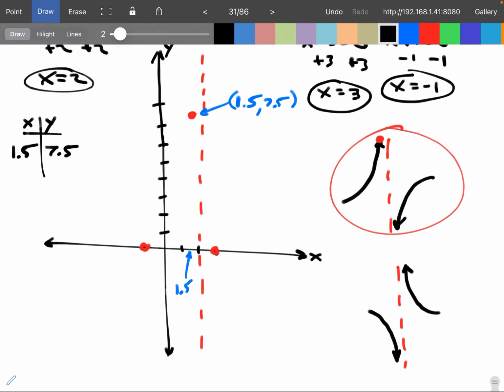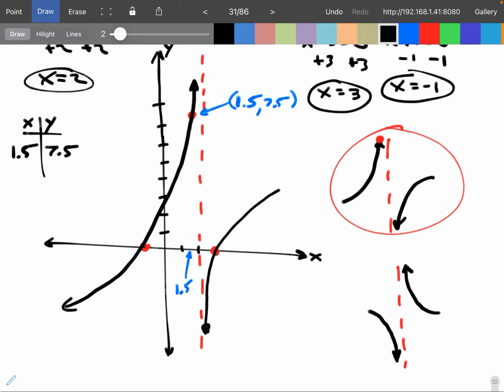So our graph looks like, well, it's got to cross the x-axis there at -1, so it looks something like this. So it looks something like that. And then if it's going up to the left of the vertical asymptote, it has to be going down to the right of the vertical asymptote.